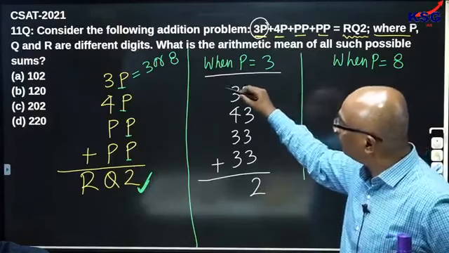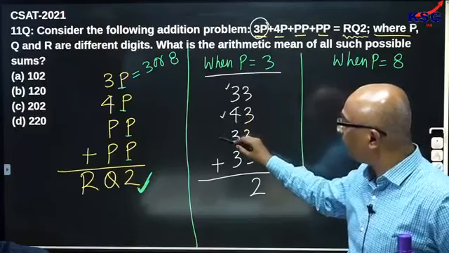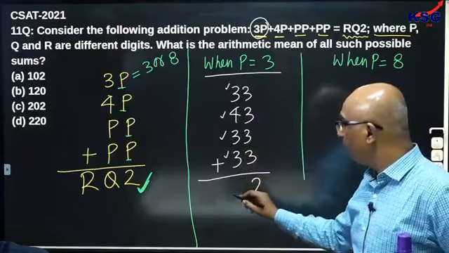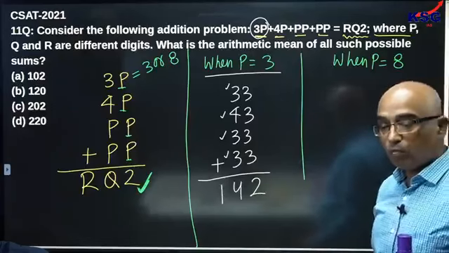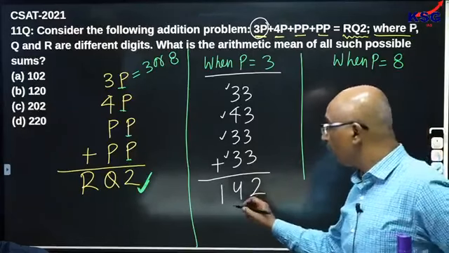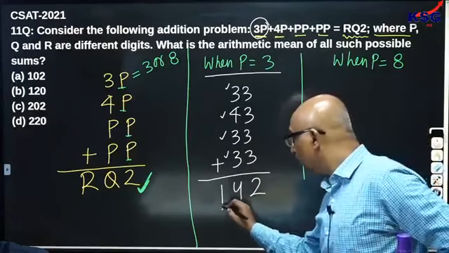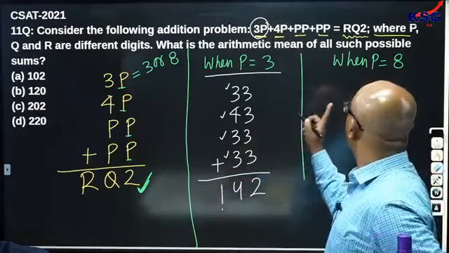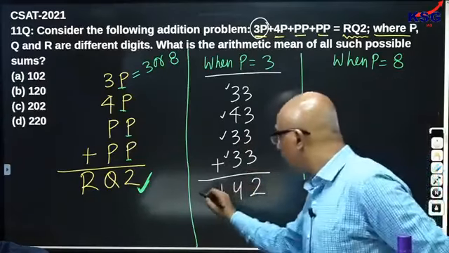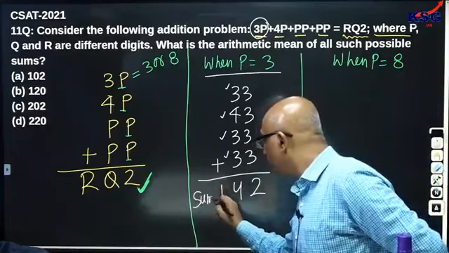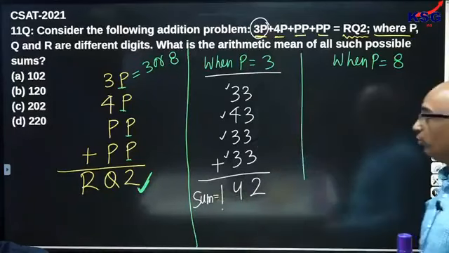Carry 1, 1 plus 3 is 4, 4 plus 4 is 8, 8 plus 3 is 11, 11 plus 3 is 14, 142. So 142 is the value of this sum.